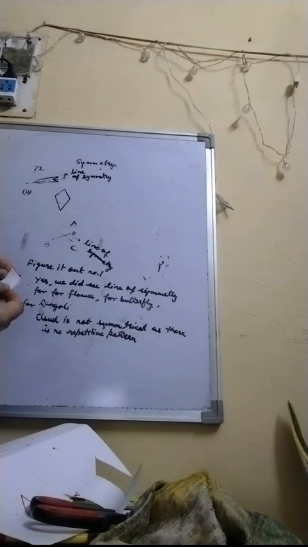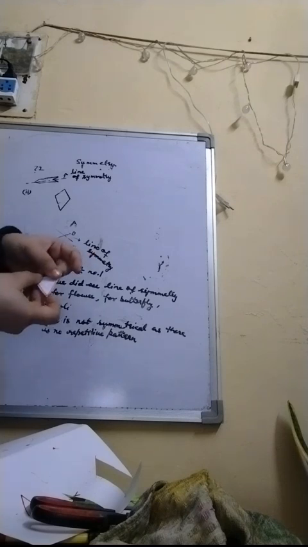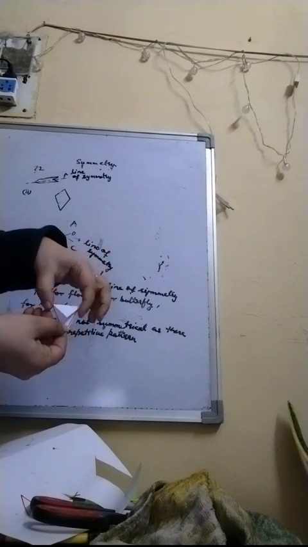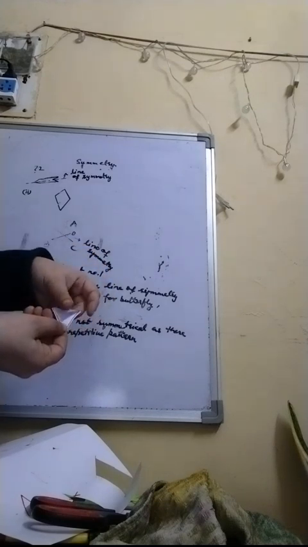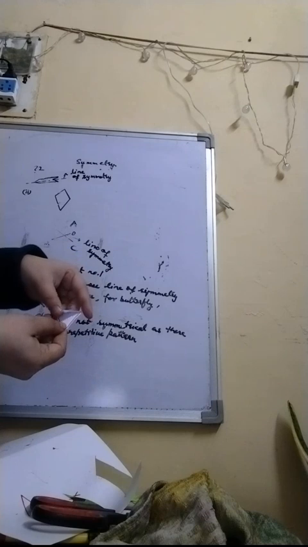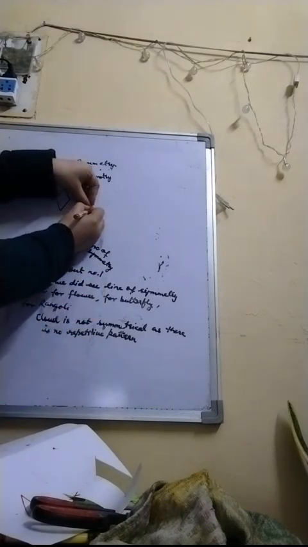Suppose I fold these 2 corners, the left and right side corners, and fold it along these 2. Then what is happening? One portion is not overlapping the other portion. That means the fold that I have taken is not a line of symmetry.